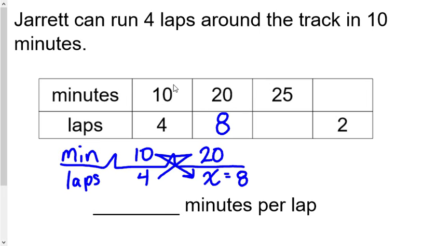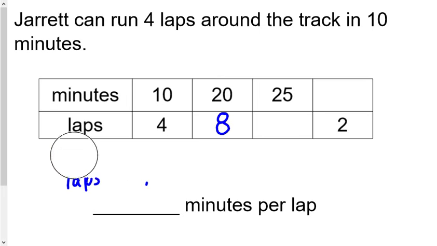But you may be realizing that when you're looking at this, you actually can also use a scale factor. What I mean by that is you could look at this and look for a relationship in your ratio table. So in other words, looking at the numbers of minutes at the top, is there a relationship between any of the numbers?